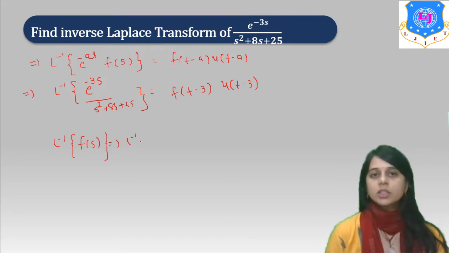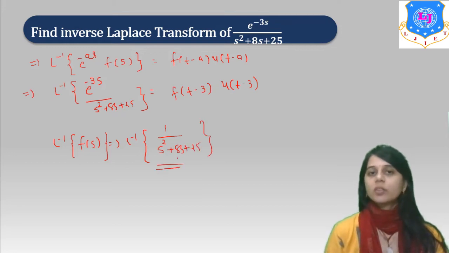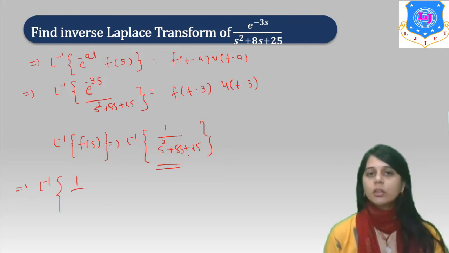The inverse of f of s is 1 upon s square plus 8s plus 25. How do we find the inverse of this? We complete the square: s square plus 8s plus 16 plus 9.